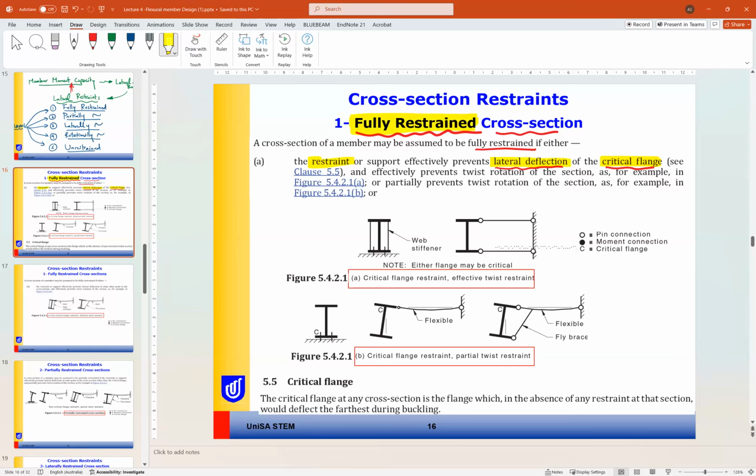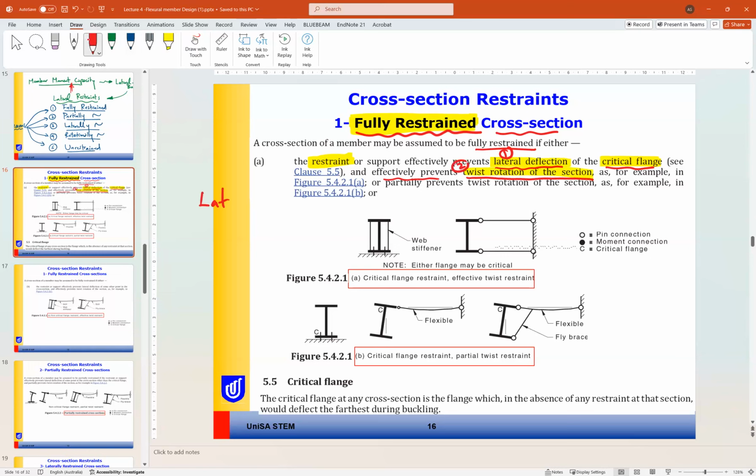As a designer, you need to assess whether the support or the restraint prevents the lateral deformation of the critical flange or not. This is the first part. The second part is that it also effectively prevents the twist rotation of the section. So we have two criteria to consider it as fully laterally restrained.